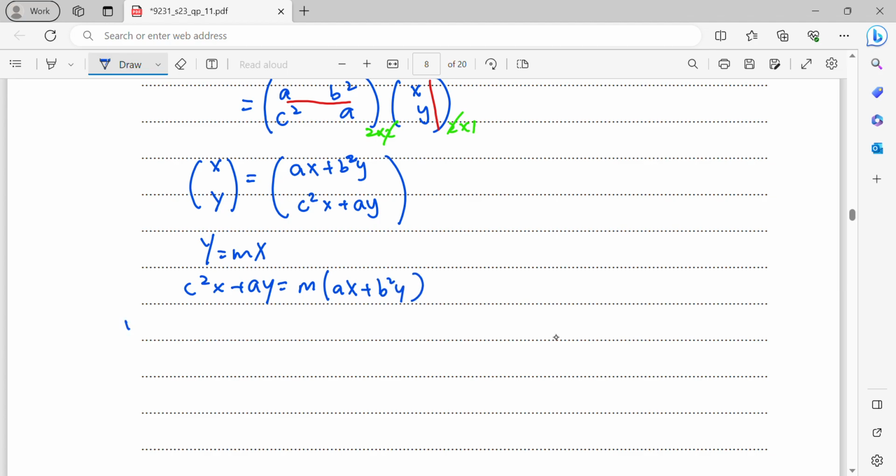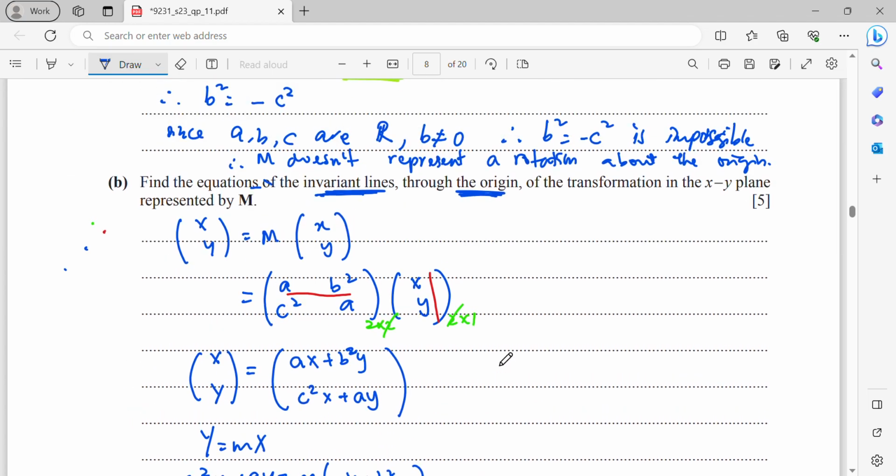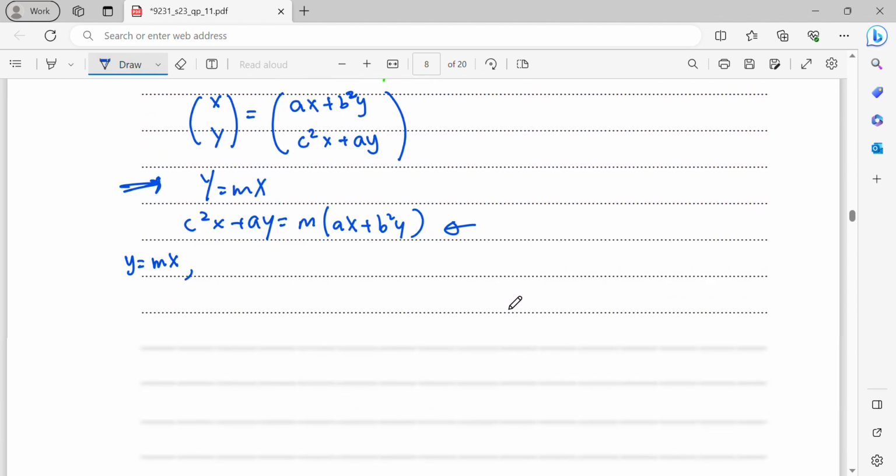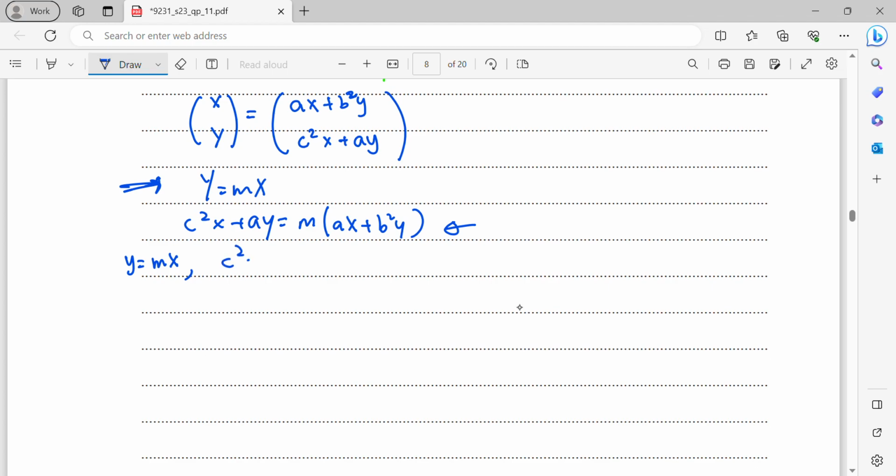And at the same time, my y in this equation will be replaced by mx. Because now you need to find the equation. Actually, this y equals mx is the equation that you need to find. It's just that we need to find the m now. So now I will get c squared x plus a bracket mx equals m times ax plus b squared bracket mx.